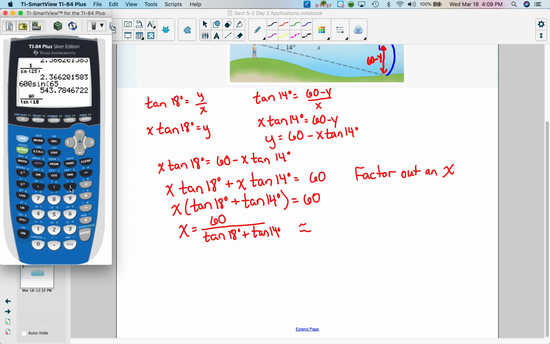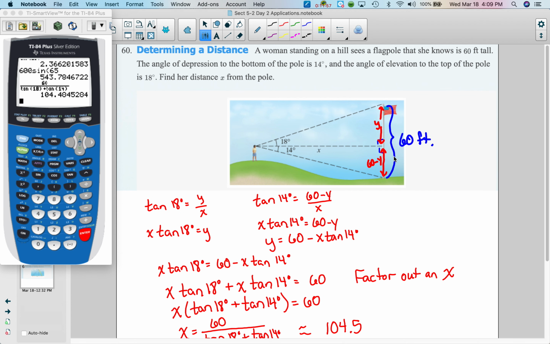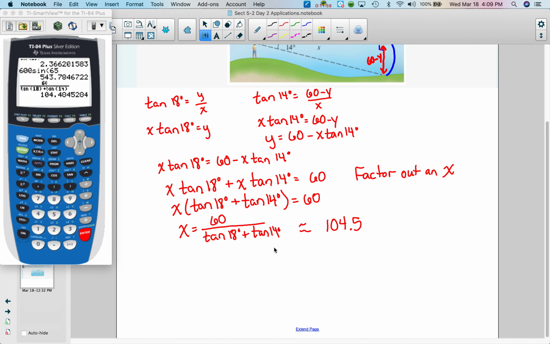You do have to remember to close the parenthesis before you go on, or you will have a wrong answer. Tangent 14. If you forgot the parenthesis here, it wouldn't matter, but be in the habit. And so I get that x is approximately 104.5. I don't know if they said anything to round it to. No.